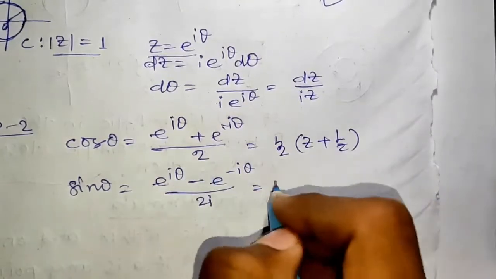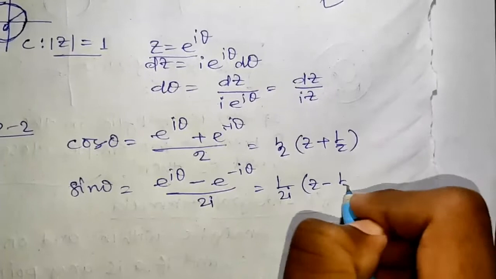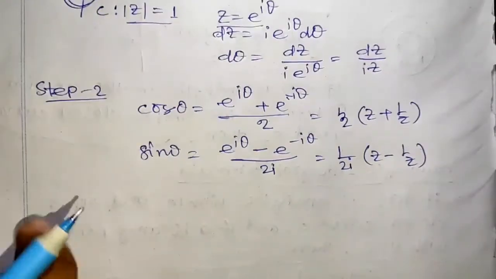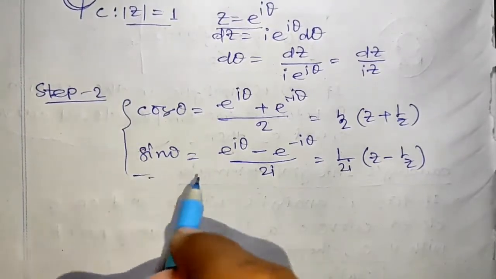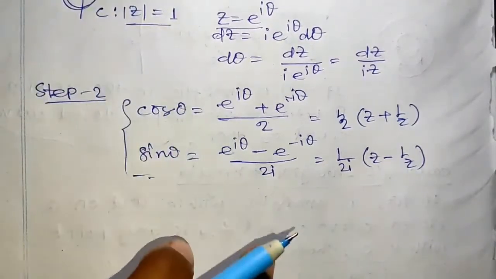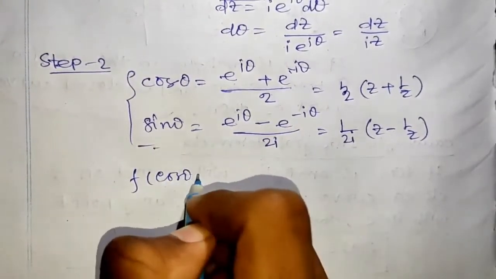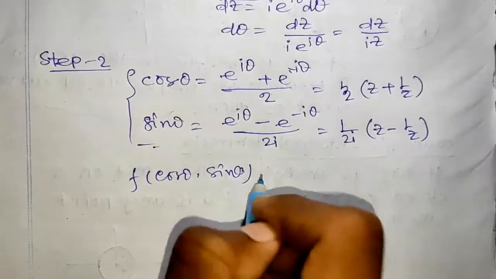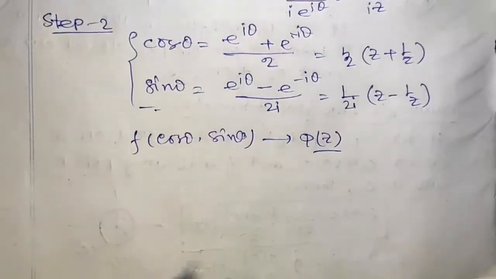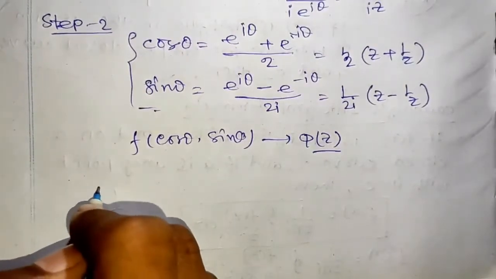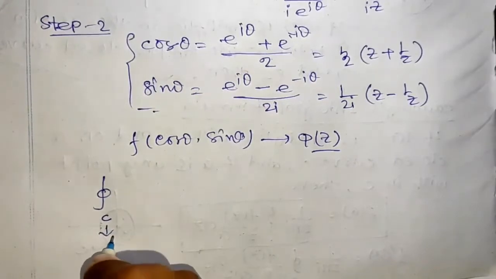This is 1 by 2i into (z minus 1/z). Now we have cos theta, sin theta and d theta. Put all these things in the function f of cos theta, sin theta, so this converts into a function of z. This integrand is converted into a function of z. Then apply Cauchy's residue theorem to evaluate the integral.